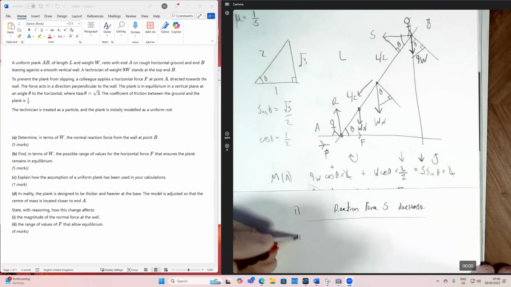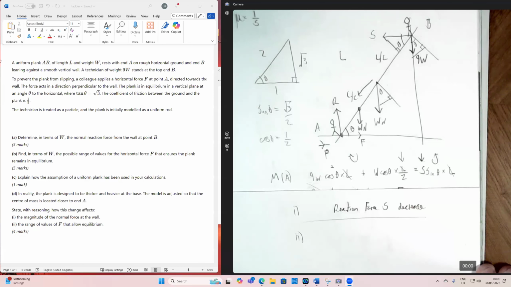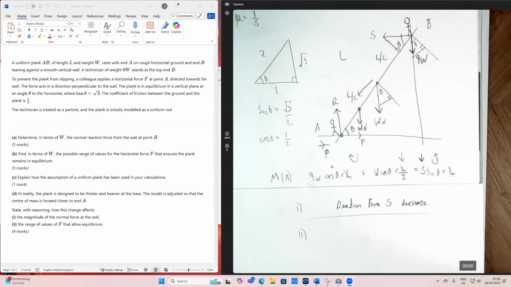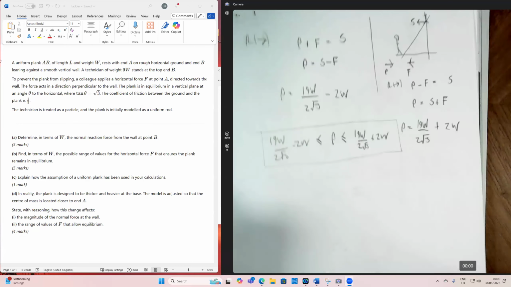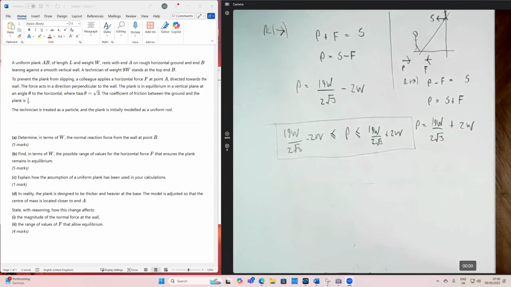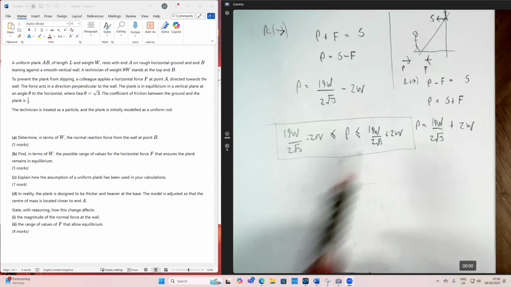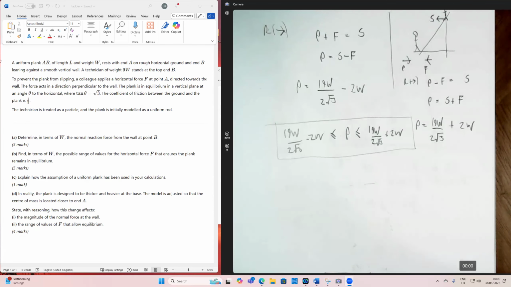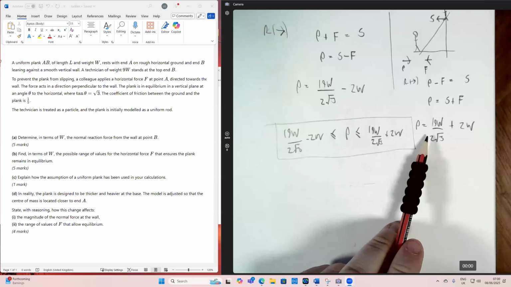Now the last bit, the range of values that allow it to remain in equilibrium. So let's come back to what we had before. This was our expression for the range of values that allowed the whole thing to stay in equilibrium. We've now got that the force is reduced.